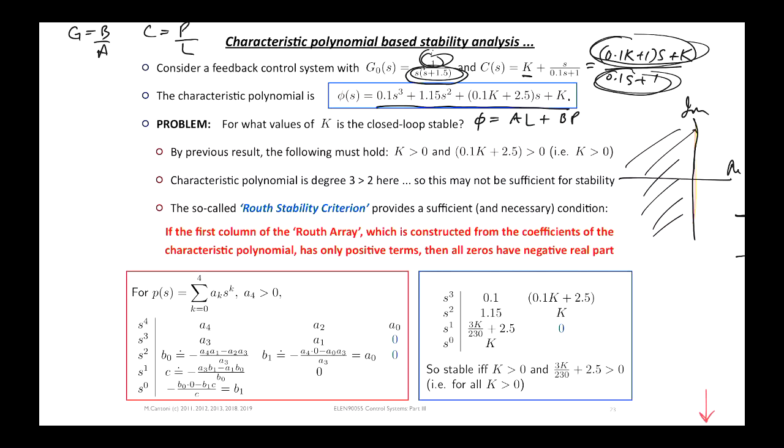So E(s) will be 1 on 1 plus lambda(s) times 1 on s. If this is stable, the step response will go to a constant value, so the final value theorem applies. The limit as s goes to 0 of s times E(s) is s times 1 on 1 plus lambda(s) times 1 on s, so we're left with 1 on 1 plus lambda(0).